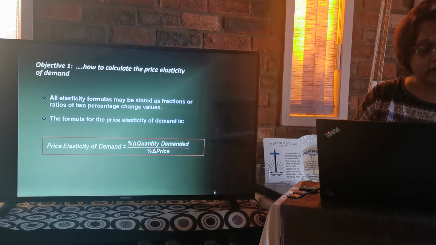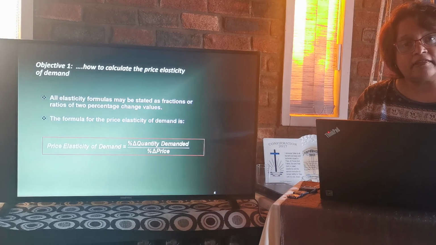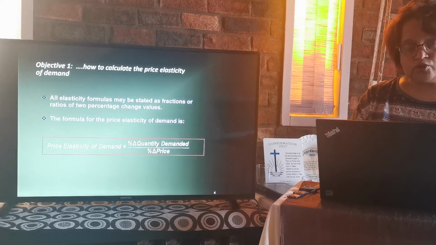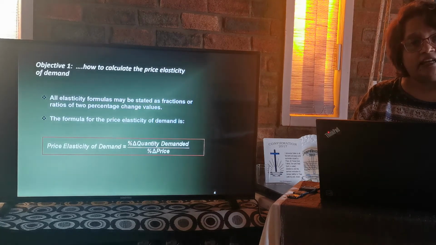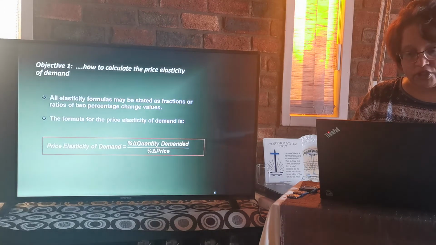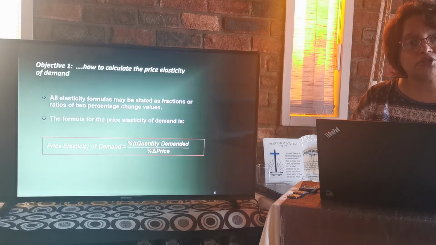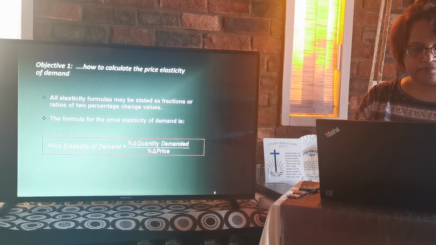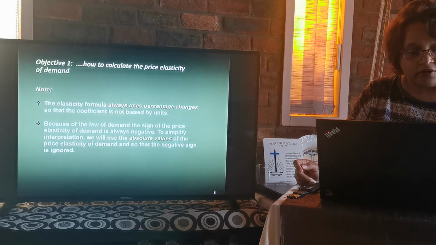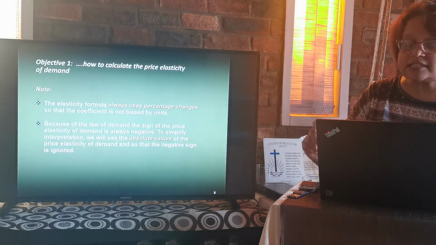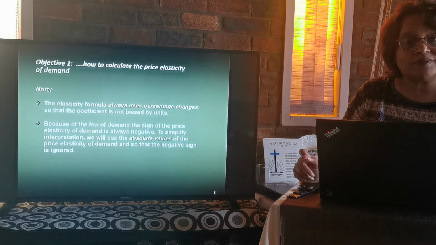That little triangle is what we use in formulas when we do not want to write the entire word out. We just say it is a triangle, which equates to change. Next, how to calculate the price elasticity of demand. The elasticity demand formula always uses percentages.